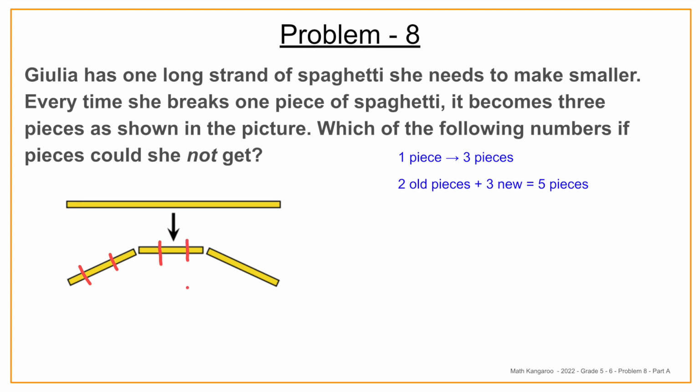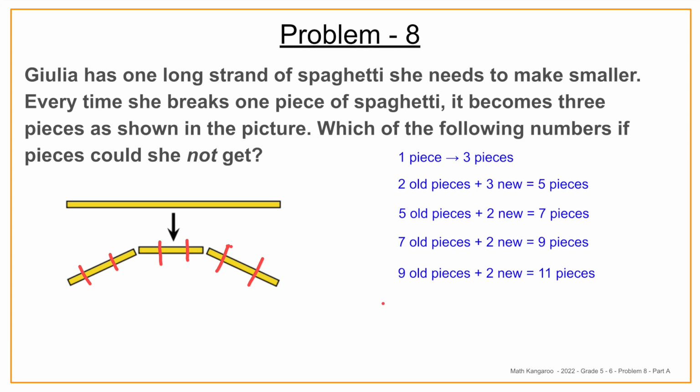So we had 5 pieces earlier, we added 2 new, so it makes 7 pieces now. Again, we break one into 3 pieces. So we had 7 pieces, we added 2 new pieces, so it makes 9 pieces.